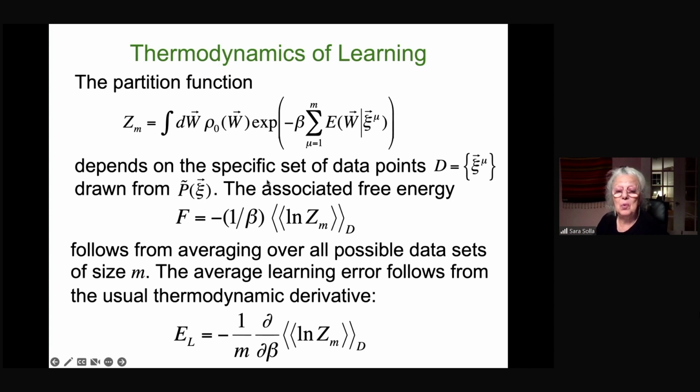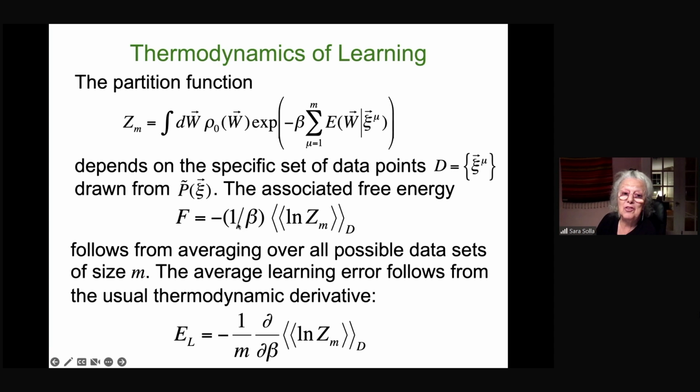And what we will do is take the free energy, which is the logarithm of this partition function divided by beta with a minus sign. This free energy is going to be averaged over all the possible ways in which we could derive a training set of size m by sampling P tilde of psi. So this logarithm of the partition function is a very interesting object, and this is where you'll see the connection with the things that Francis was doing yesterday.